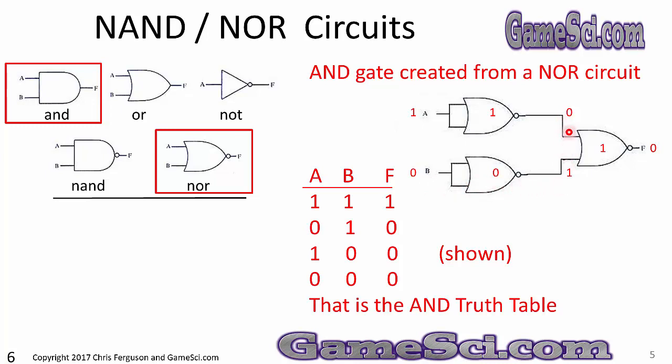My inputs at this level are 0 and 1. 0 OR 1 is 1, but NOR that and it becomes a 0. For the input of A equal 1 and B equal to 0, this circuit does absolutely produce a 0. If you were to trace all 4 inputs on this circuit, these 4 inputs would produce the exact same output as an AND gate. That is an AND gate built from nothing but NOR gates.